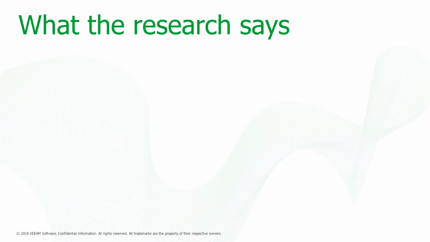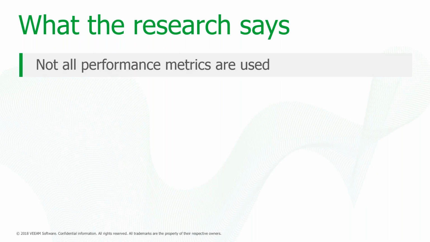So when we wanted to look at the scalability of Veeam ONE, we researched with our customers and we looked at what could be done to improve scaling. And these are what we found, really. Not all performance metrics are used. Veeam ONE collects a lot of performance metrics, hundreds for different types of objects, hosts, data stores, VMs, clusters, etc. for both VMware vSphere, vCloud Director, as I mentioned earlier, Hyper-V, and of course, Veeam Backup & Replication.